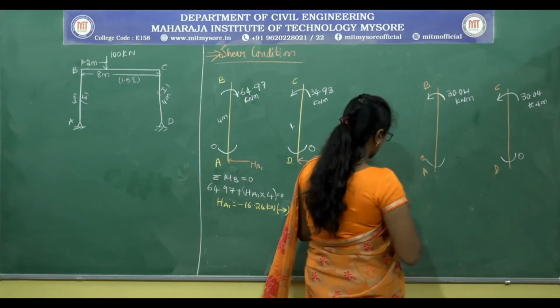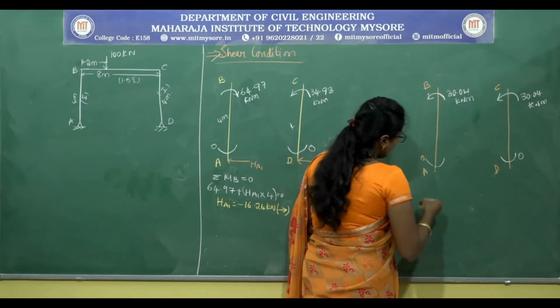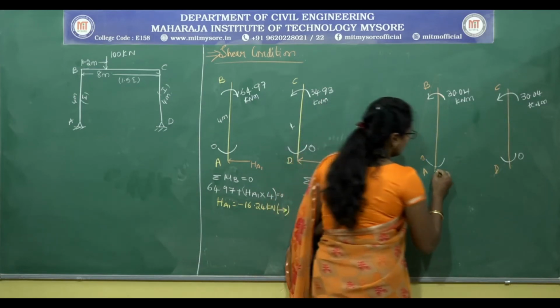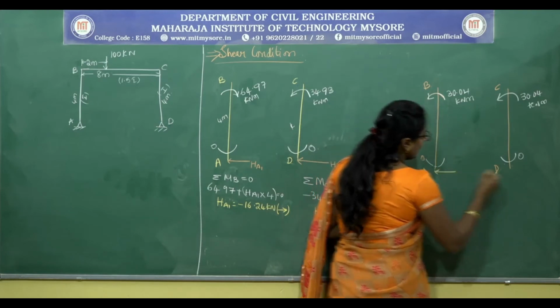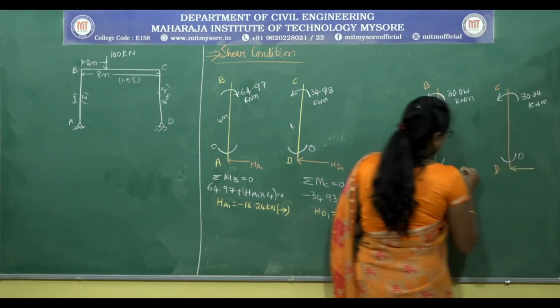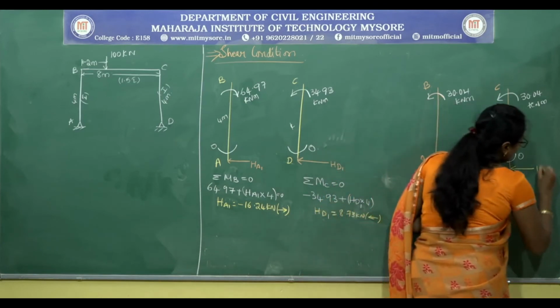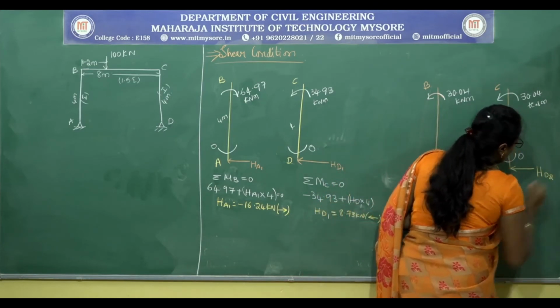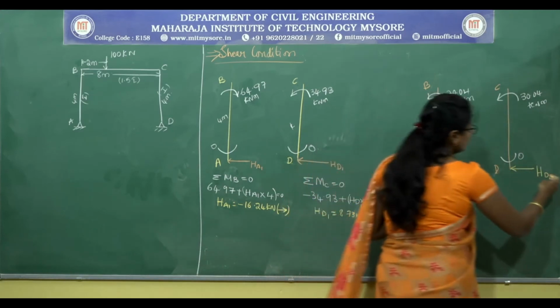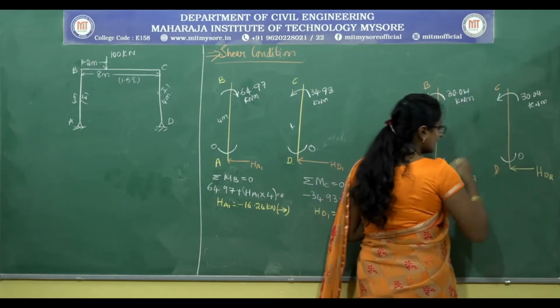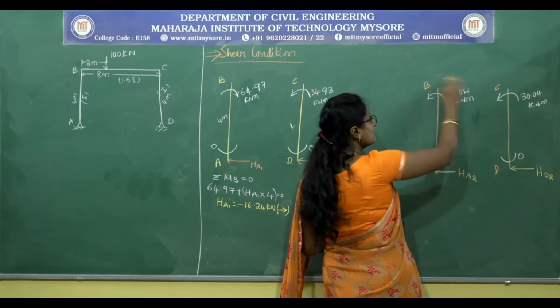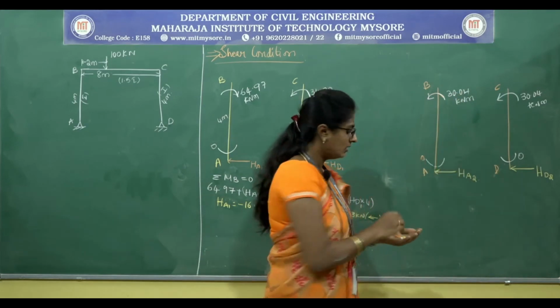Next, again here by considering the reactions at A and D, here also I consider in the same direction, but these reactions are HA2 and HD2 because these are the reactions obtained by considering the moments with sway.